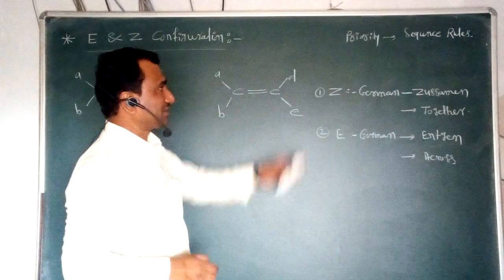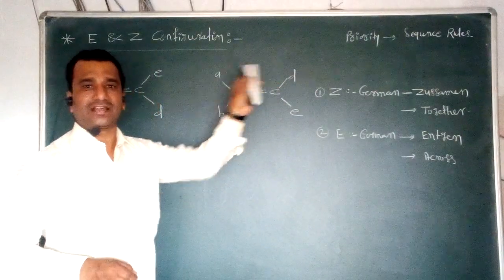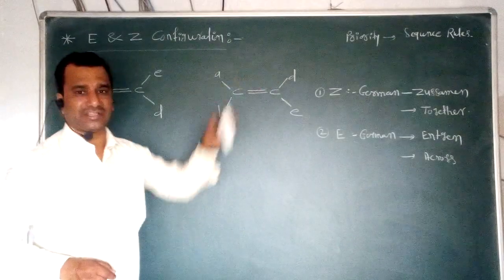So first of all, we have to assign the priority to the groups or atoms attached to the olefinic carbon by using the sequence rules.